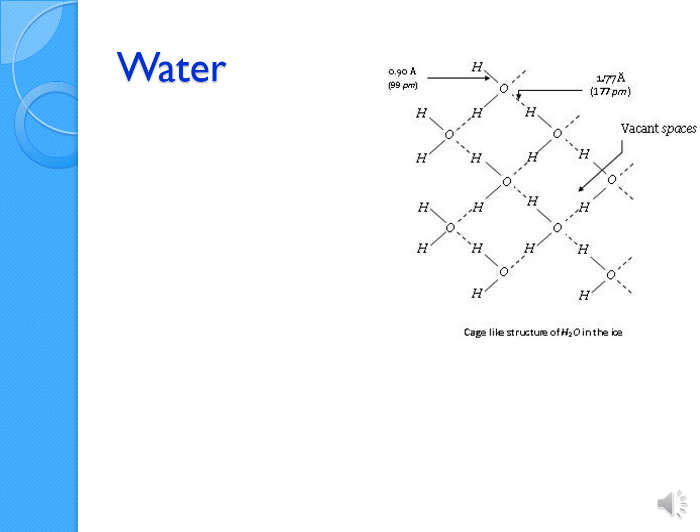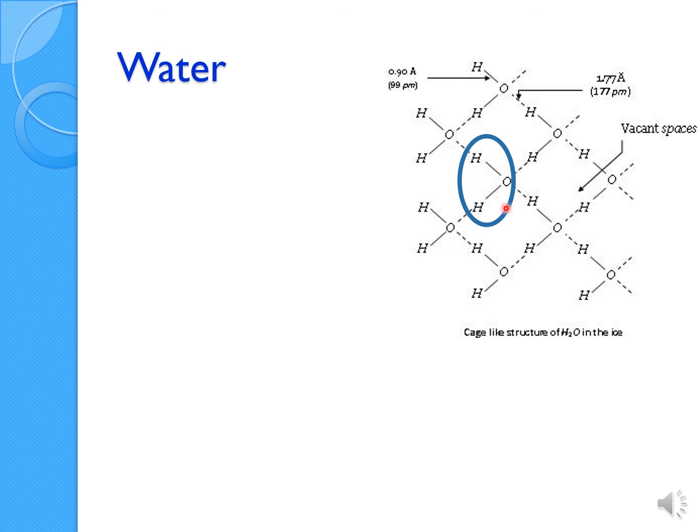Now another example which shows intermolecular hydrogen bonding is water. This is the extensive hydrogen bonding shown in water. Consider this water molecule. This is one water molecule. You can see many other water molecules like that, and this water molecule is forming hydrogen bonds with other water molecules.